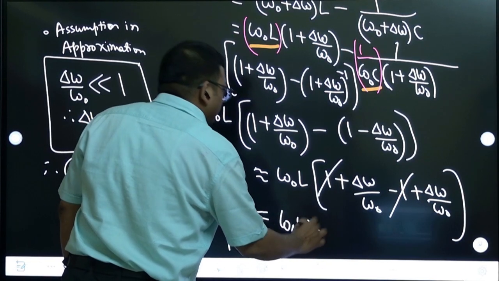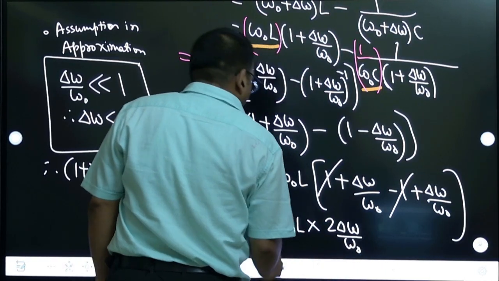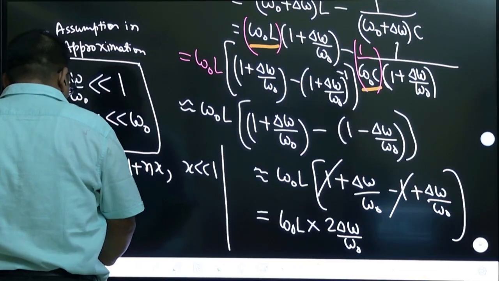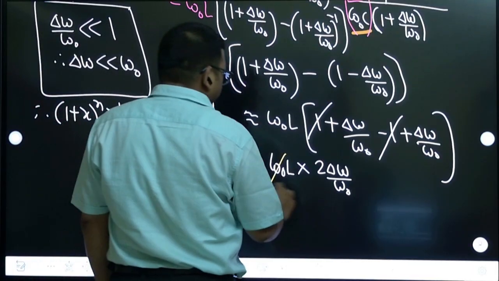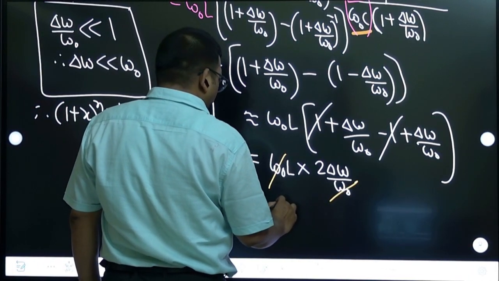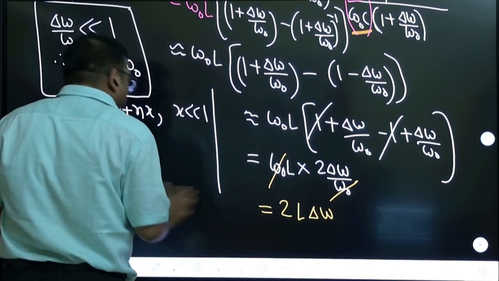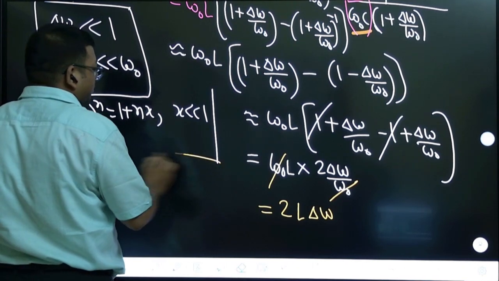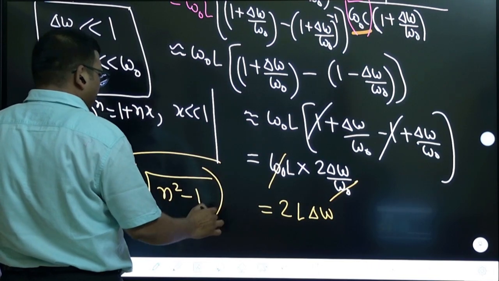Omega naught L, and this becomes 2 delta omega by omega naught. So from here, omega naught gets cancelled and you get 2 L delta omega. And what was the left-hand side? Root under N square minus 1 times R it was.